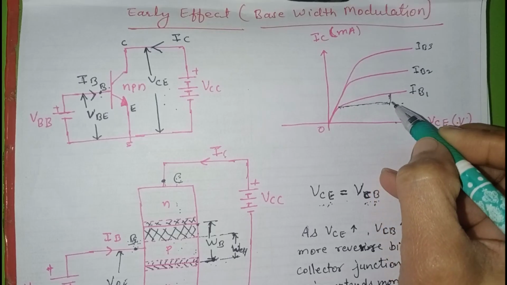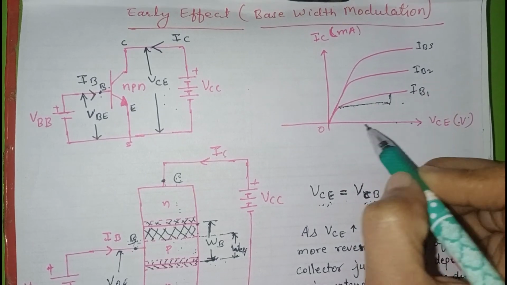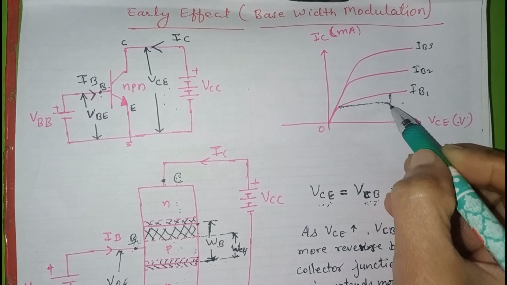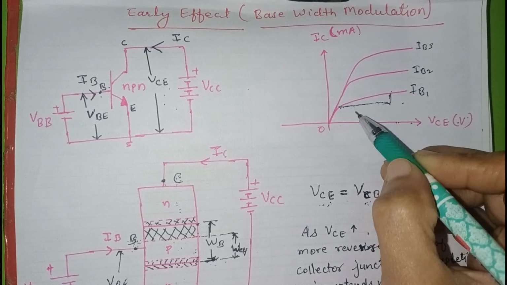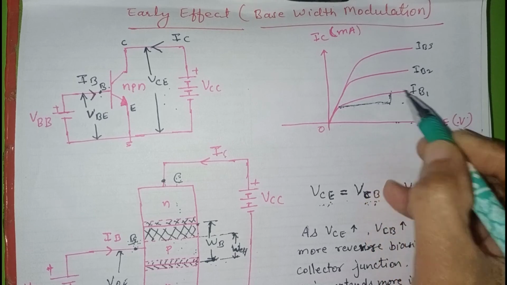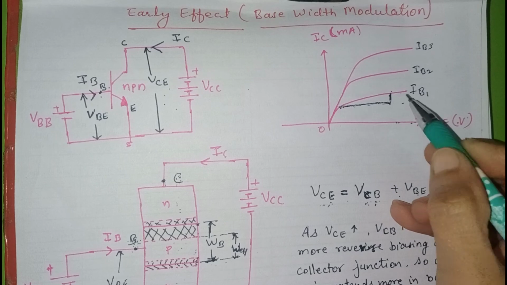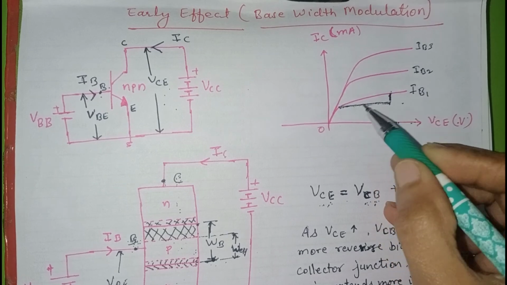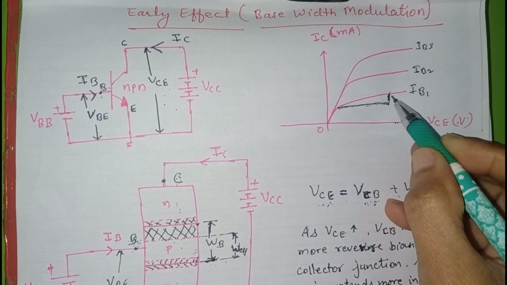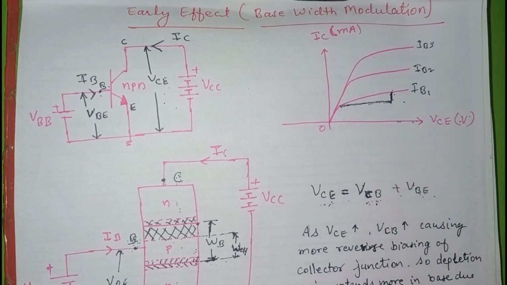If there would be no early voltage, these slopes would be parallel to the x-axis, so there will be zero slope. But due to early voltage, the current increases with this voltage. So when we consider the early voltage, the slope would be non-zero, so there would be some resistance at the output side.